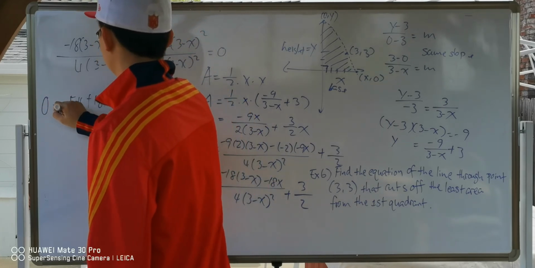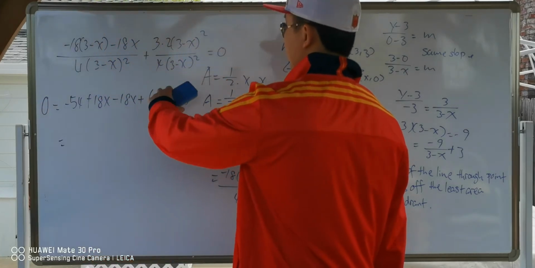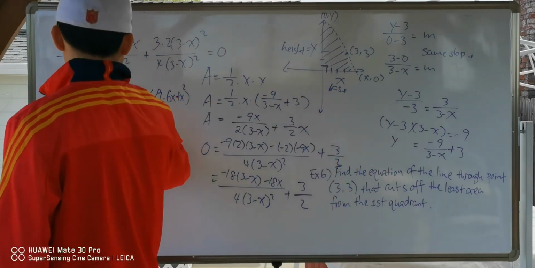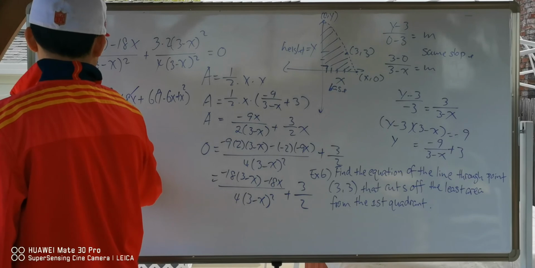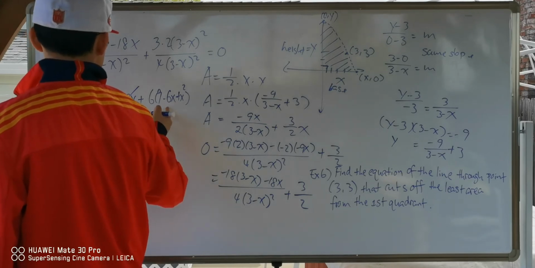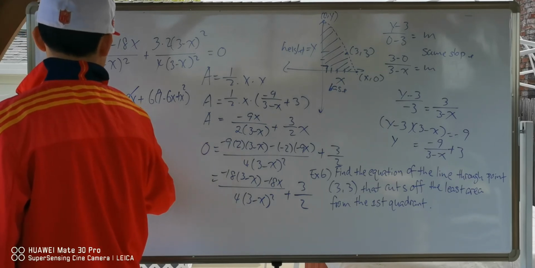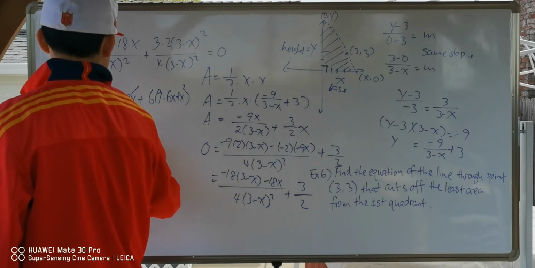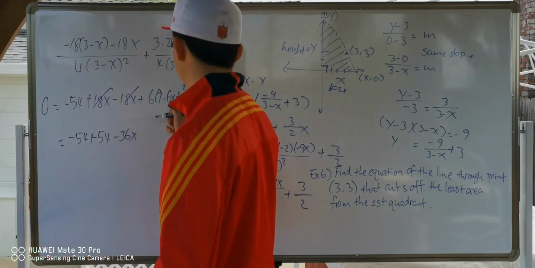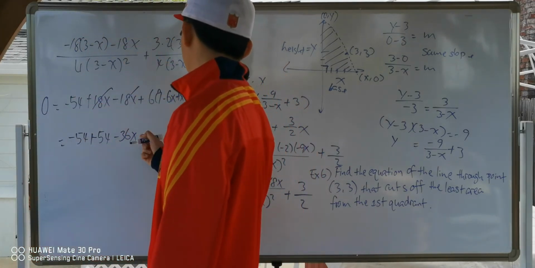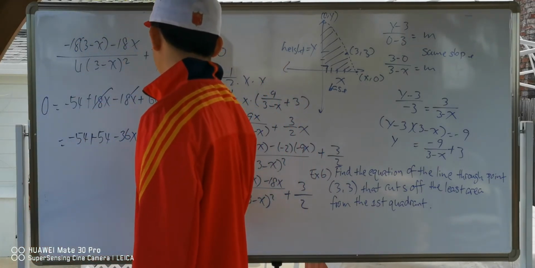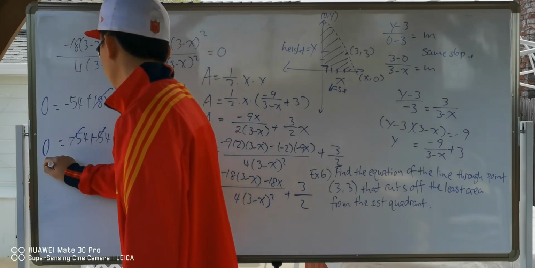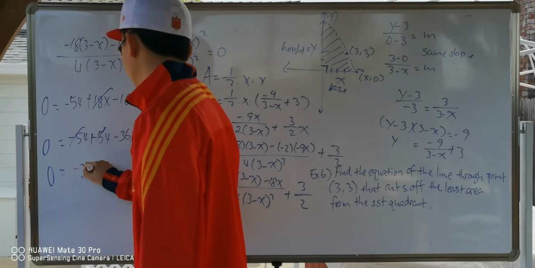Again, we set it equal to 0, just the numerator. The denominator, don't worry about, because we combined them. And now it looks like we can cancel this out. So we got negative 54 plus 6 times 9, 54, minus 36x. Positive times negative, negative. And then 6x squared. So this one got canceled. So we do have negative 36x.